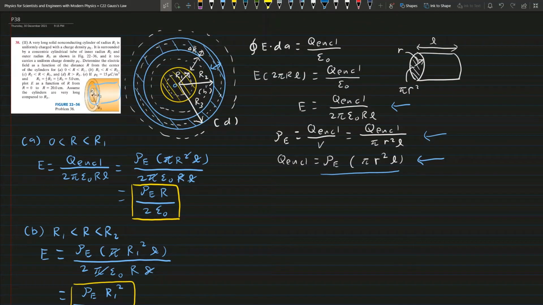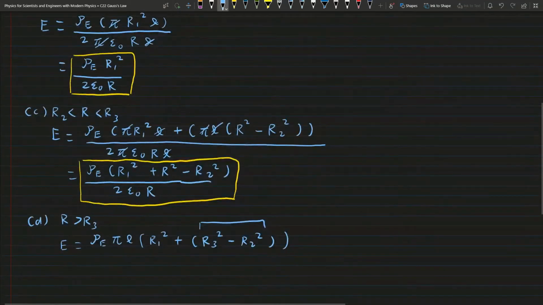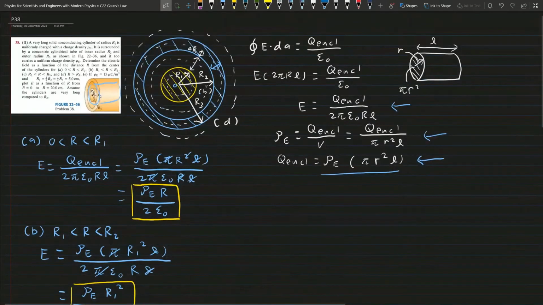So in this region 0 to R1 we also have a charge, but between R1 and R2 we don't have a charge, right? So we sum the internal one, given by R1 squared, and R3 squared minus R2 squared gives us the charge on the outer concentric cylinder tube.